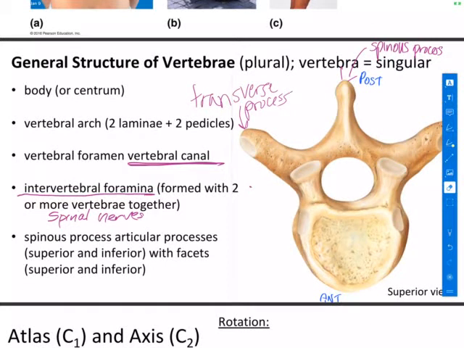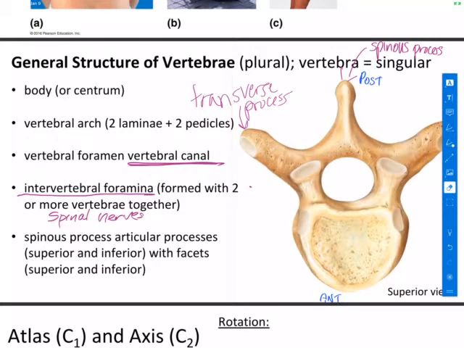Now, there's also a superior articular process and an inferior articular process. So the lamina includes more than this process. This is a process with a facet here. It's sticking up, out toward us, because we're looking at a superior view. But the entire piece is the pedicle.